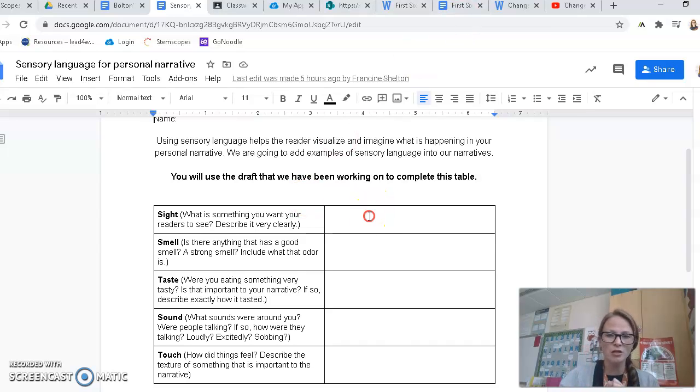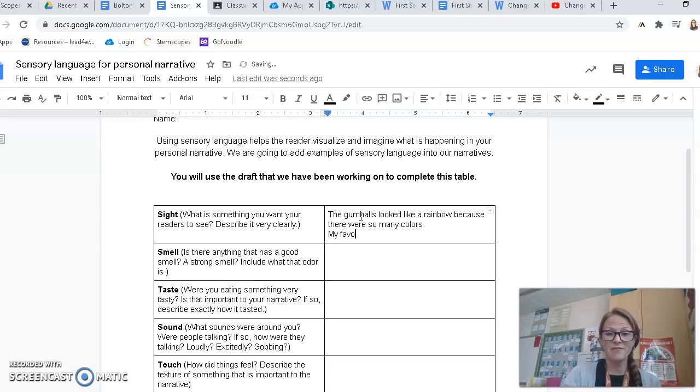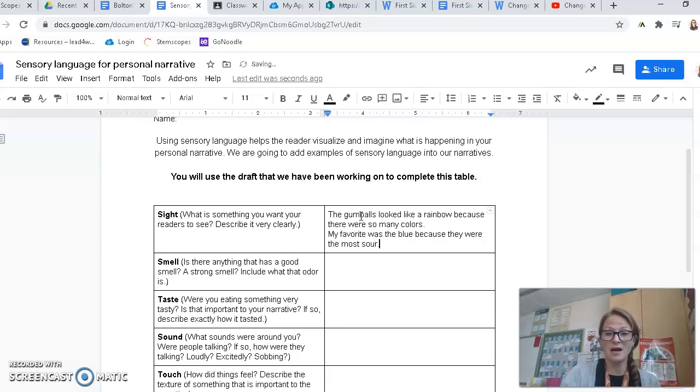So maybe under sight, I can include: the gumballs looked like a rainbow because there were so many colors. My favorite was the blue because they were the most sour.